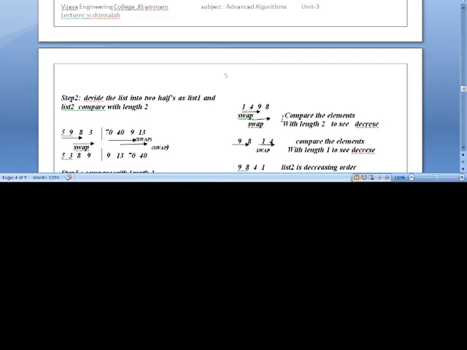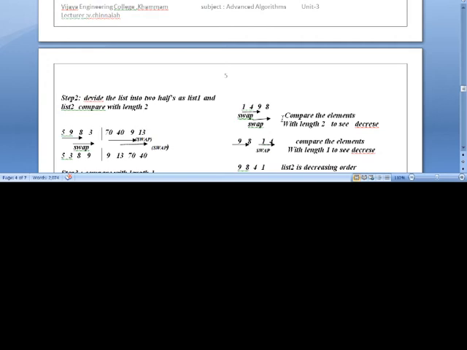The only thing is, if you want to apply bitonic sort, you see whether the given list is a bitonic sequence or not. If it is not, you convert it into a bitonic sequence. How do you convert a non-bitonic sequence to a bitonic sequence?